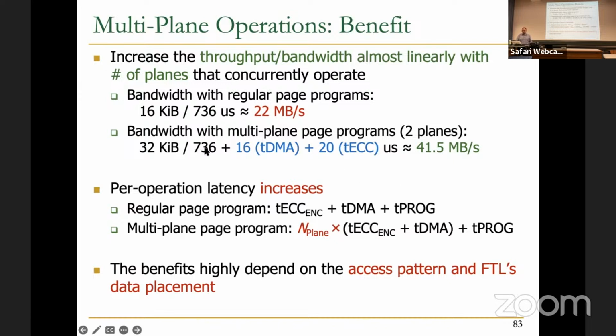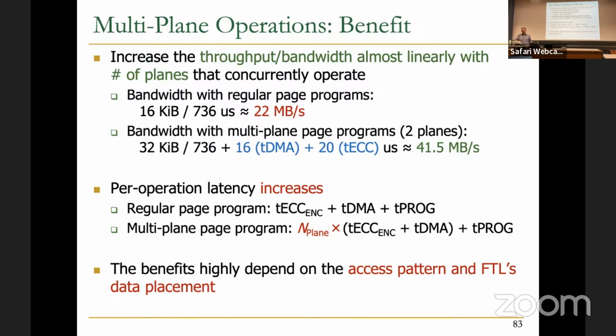This 732 is actually one program latency plus 1 TDMA and 1 TSCC. Since you're doing multiplane operation, you need to add another TDMA and another TSCC, assuming that you have two planes. This formula is actually quite complicated.